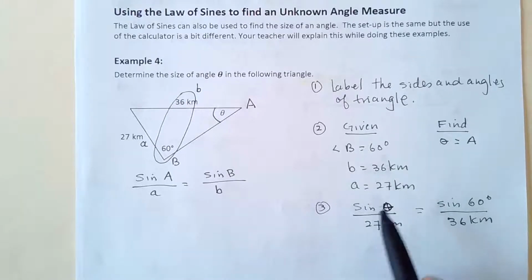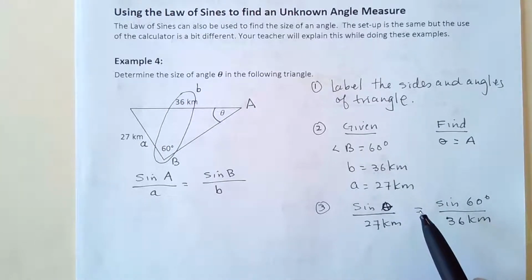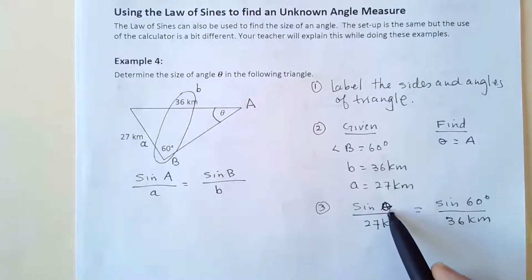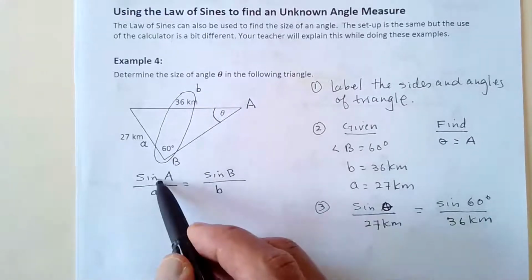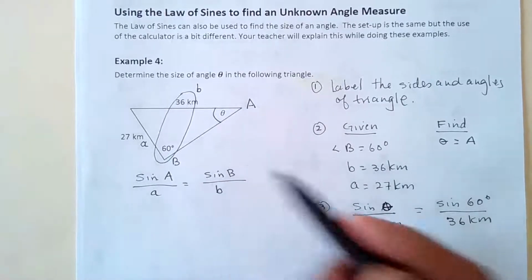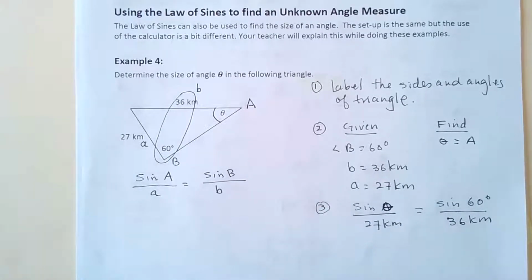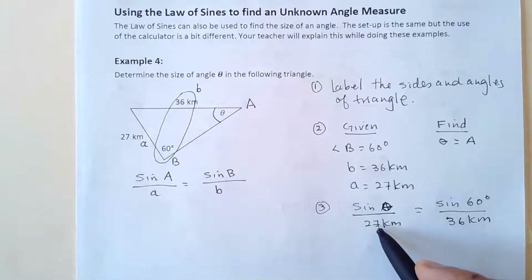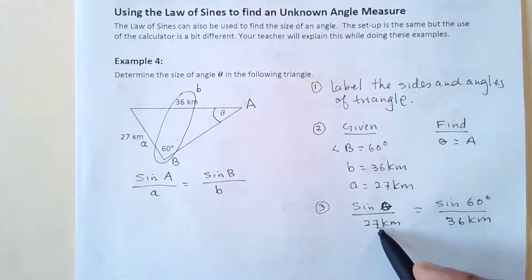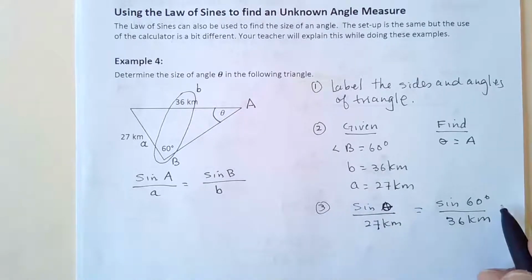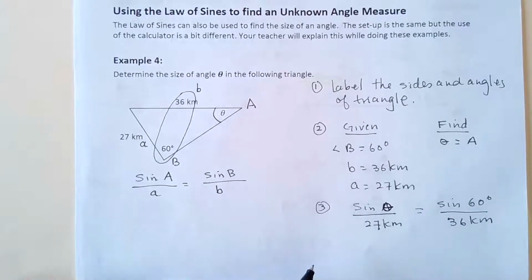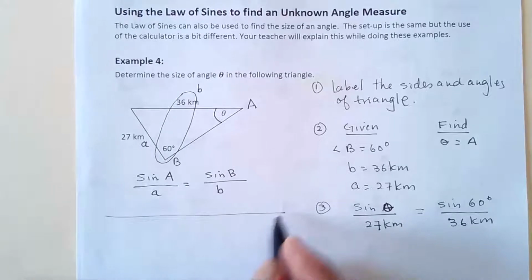The reason why it's much easier to record your formula as sine angle over side is because your algebra becomes very much simpler. Now, we want to get rid of 27 kilometers from the denominator. We just multiply it on the right side. I'll show you the reasoning.